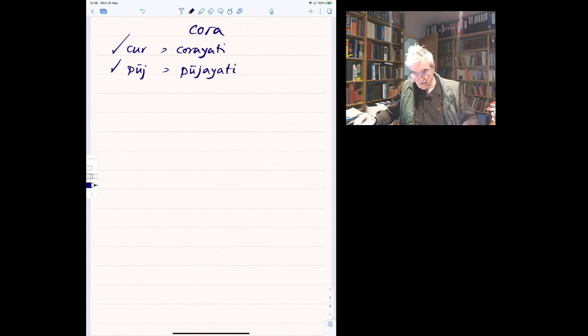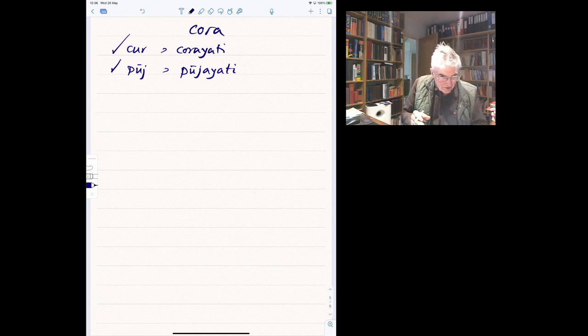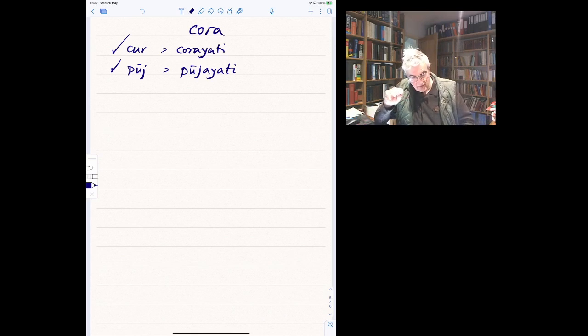So we now see the first class with the stress on the root and sometimes the lengthening of the syllable, bodhati. In the fourth class, we have the root just adding a ya to it, but otherwise all of the endings are exactly as in the first class, nrityati.